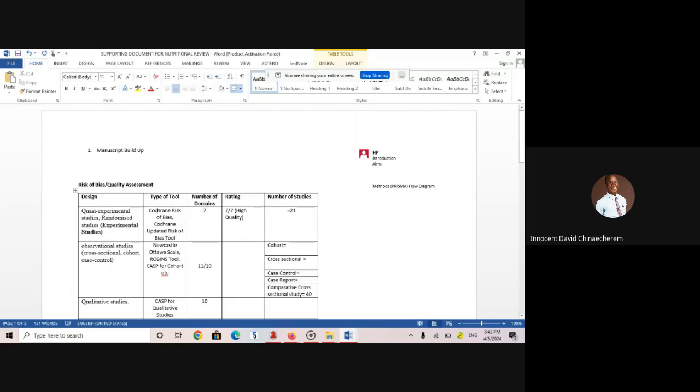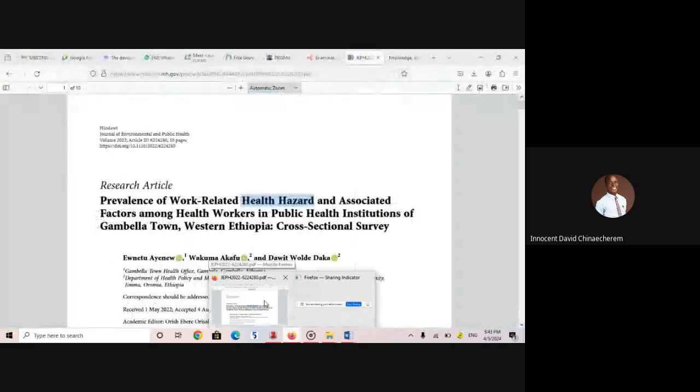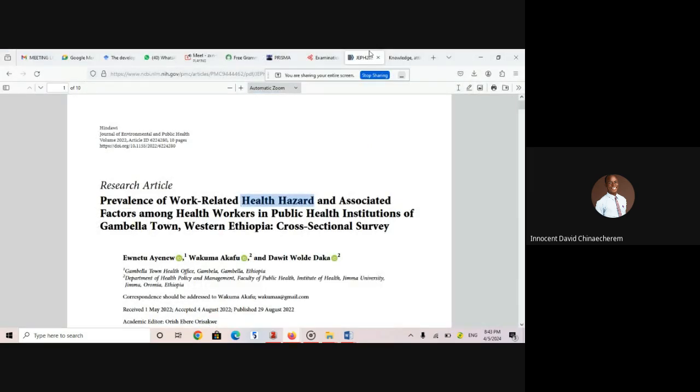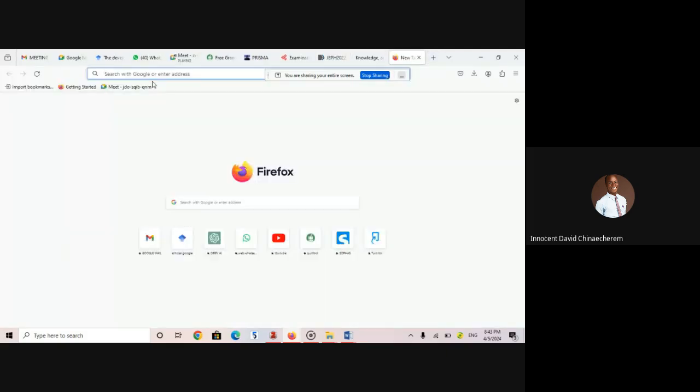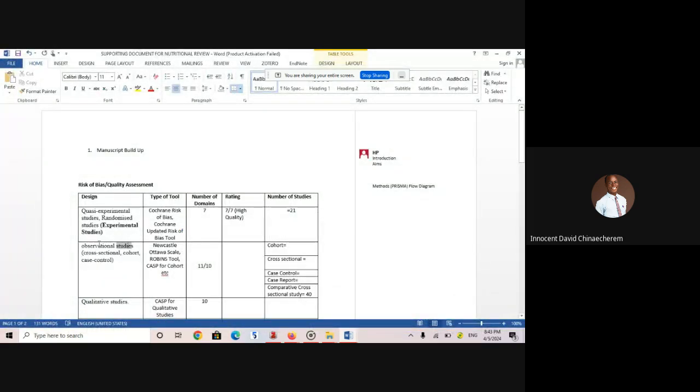So, for observational studies, we have a lot of tools. Somebody might be asking, what is this Cochrane risk of bias, or what are these tools? I showed that in our previous session. If you look at the observational studies here, we have the Newcastle-Ottawa scale.